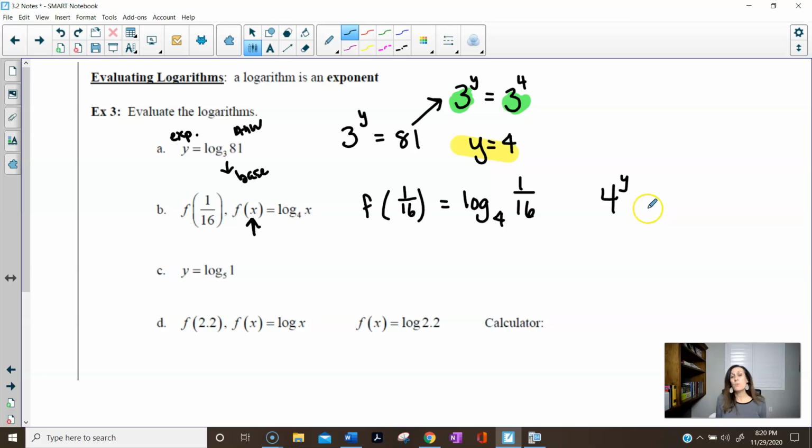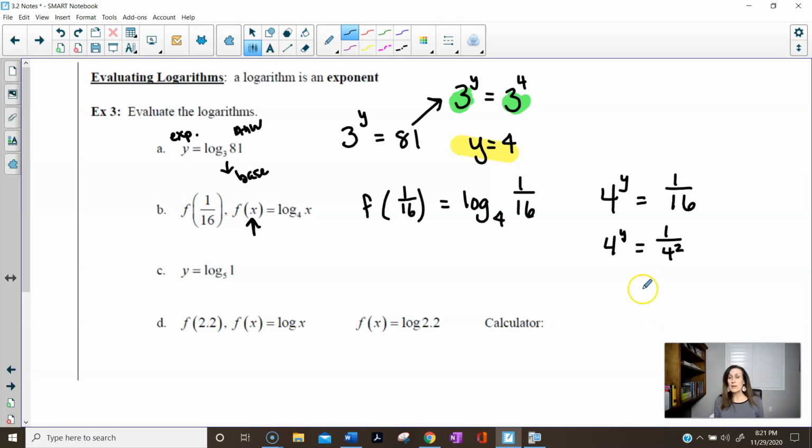So 4 to what power gives me an answer of 1/16? If you're not sure, you can see this is a fraction, which means this 4 is going to be raised to a negative number. That's usually helpful. Otherwise, you could do 4 to the y is equal to 1/4 squared.